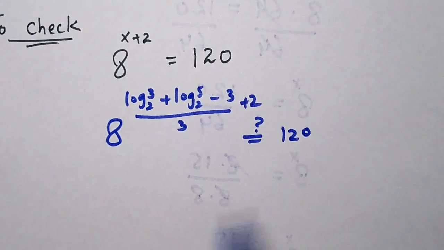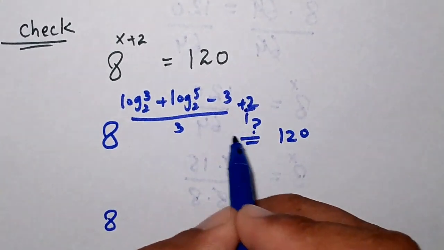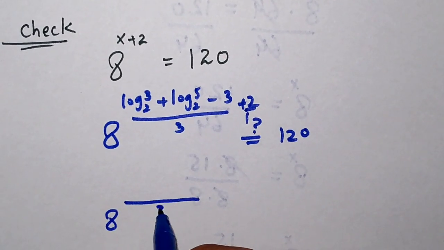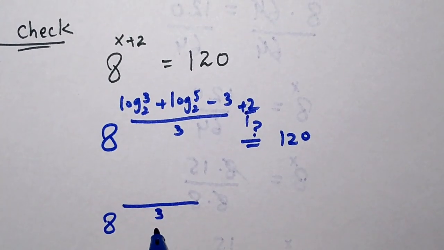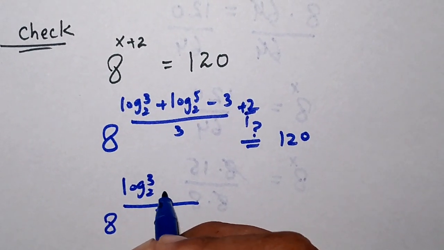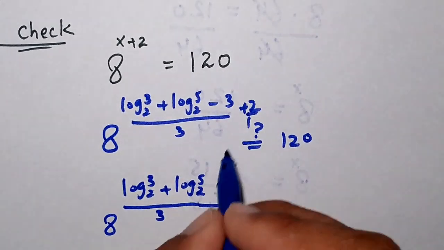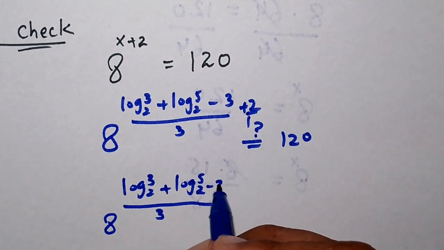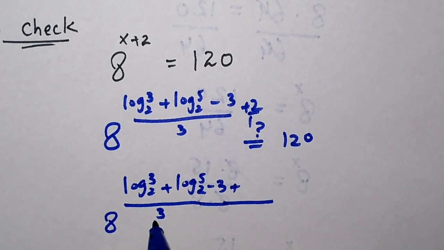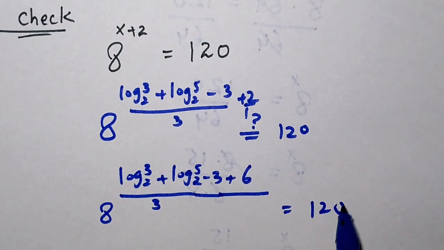Now again a to the power of, so here the denominator is 1, so again we have to take 3 as the LCM. So 3 divided by 3 is equal to 1, 1 time this will become log of 3 of base 2 plus log of 5 of base 2, and here minus 3 plus 3 divided by 1 is equal to 3, 3 times 2 is equal to 6, which is equal to 120.